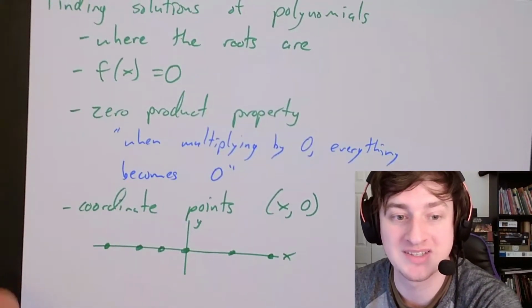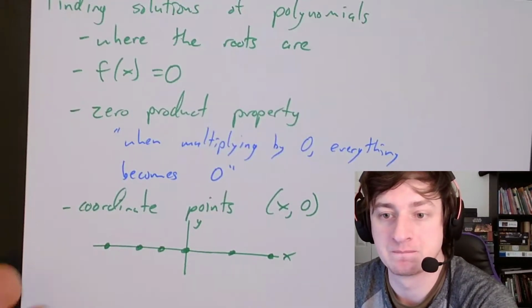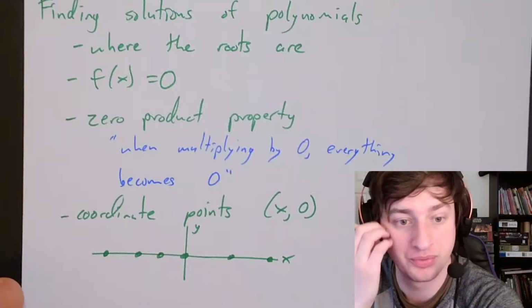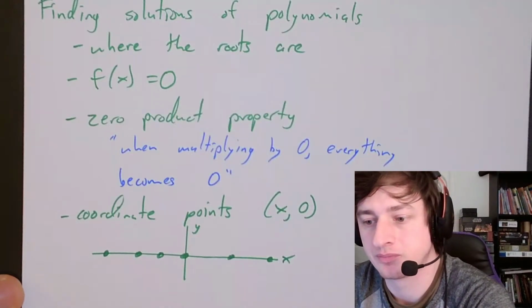For polynomials, because there's more solutions, there's more than 2 possible.